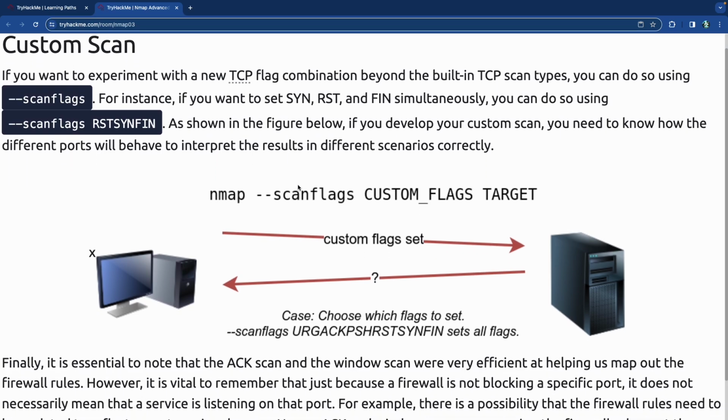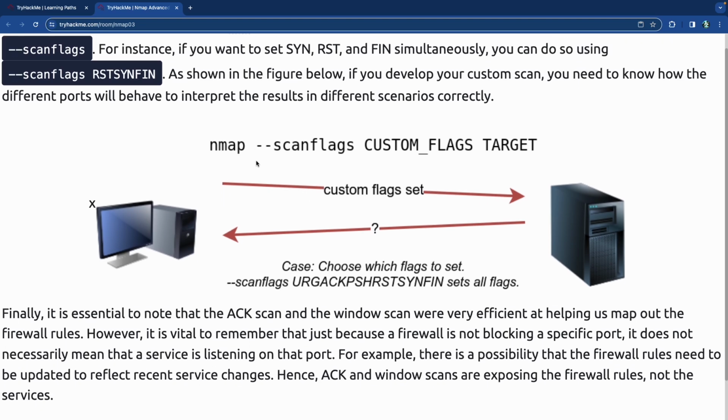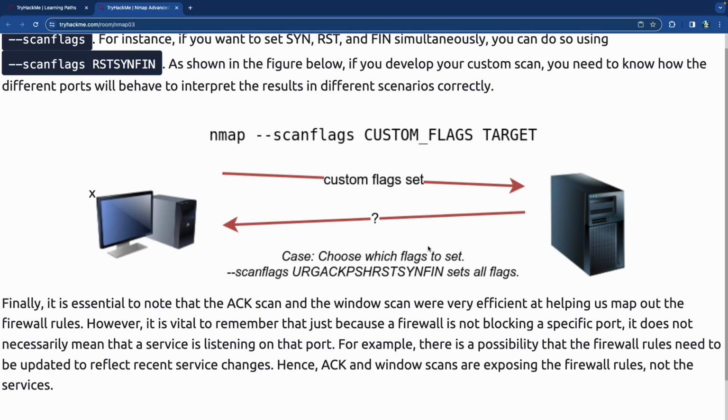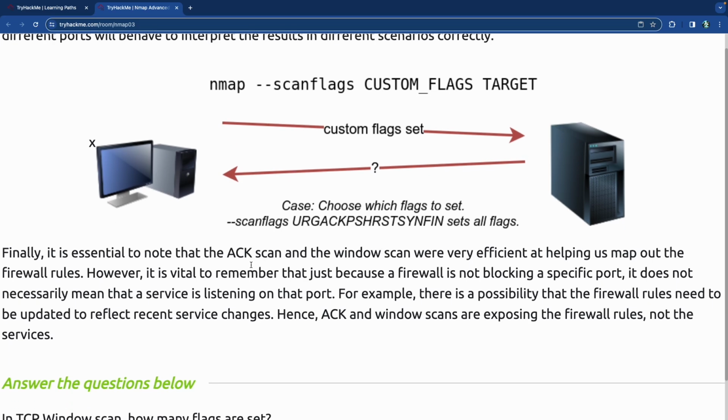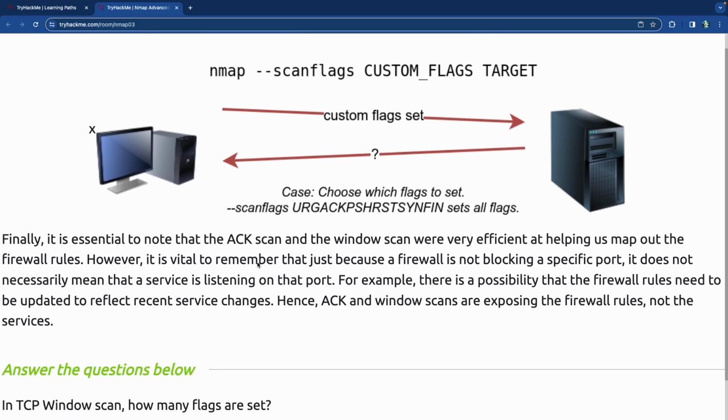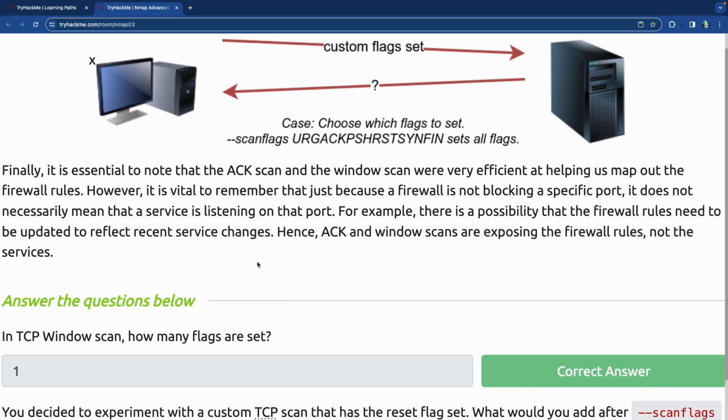As shown in the figure below, if you develop your custom scan, you need to know how the different ports will behave to interpret the results in different scenarios correctly. So this is a little bit more advanced scanning technique, and you should be very familiar with the types of responses that these types of flags would elicit, so that whenever you do set them, you know exactly what type of response would come back from the server, and then what you can take away from that, right?